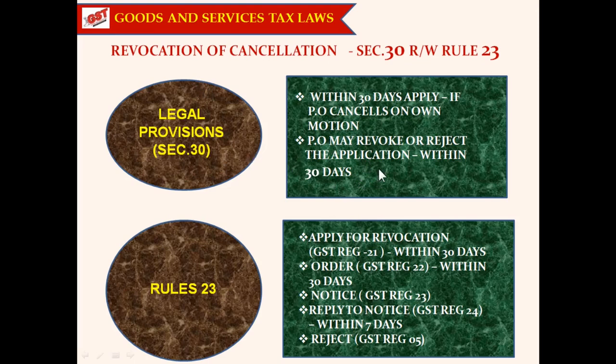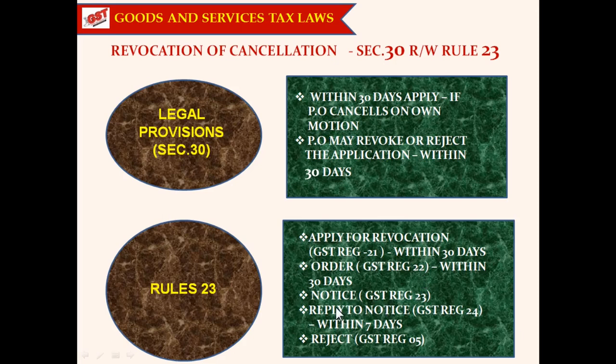What is the rule given under rule 23 for revocation of cancellation? You have to apply for revocation of cancellation within 30 days in form GST REG 21. And the proper officer may give an order for revocation of cancellation within 30 days in form GST REG 22.